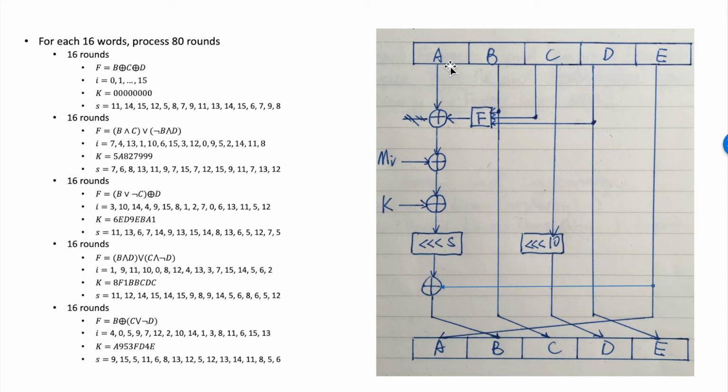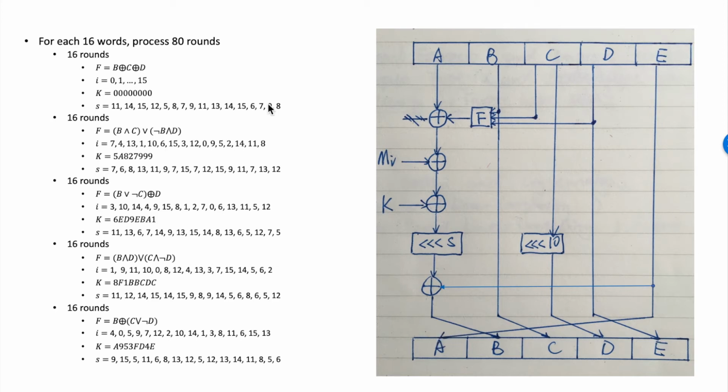We use the A, B, C, D, E buffers, which are initialized, and then we use a function f to take B, C, D as input and output a value, and then add it to the value in A, and after that add the message word Mi, and then add the constant K here, and then we shift the result by S bits to the left, and then add E, and this result goes to B, and the value in B goes to C. The value in C will also be shifted 10 bits to the left, and then goes to D, and the value in D goes to E, and E goes to A.